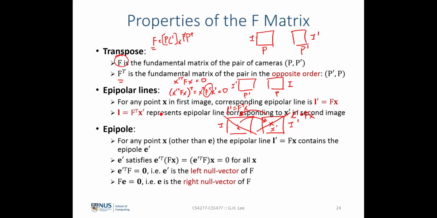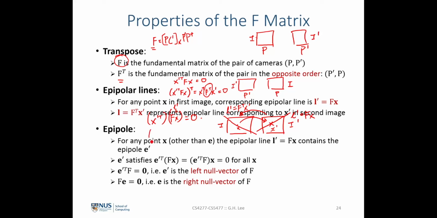So in the first equation, X prime transpose F X defines the incidence relation between the point on the second image and the epipolar line, which is the epipolar line L prime on the second view. This is an incidence relation, and this must equal 0. The second equation, which is simply the transpose of the first equation, also defines the same incidence relation, but in the first view.